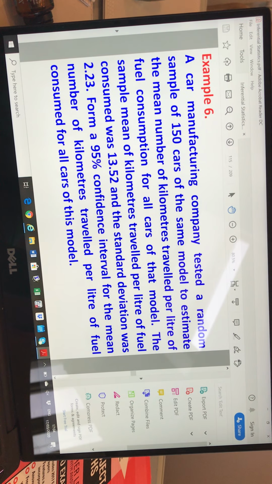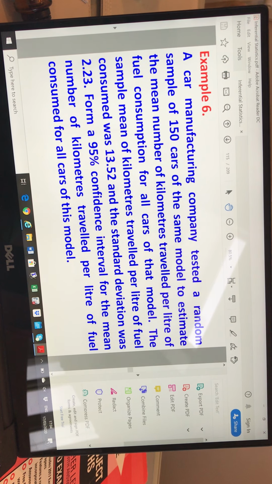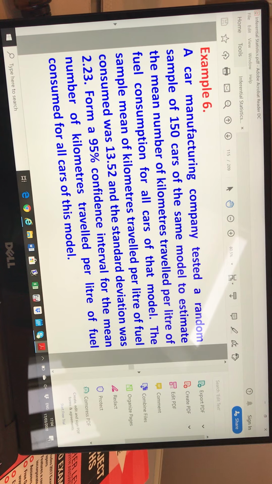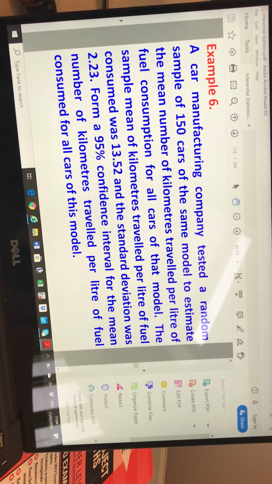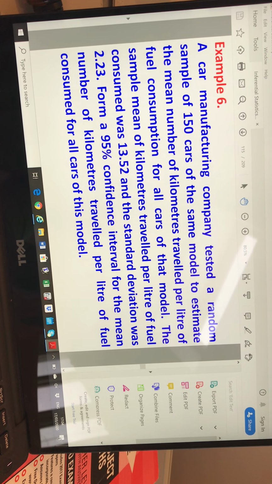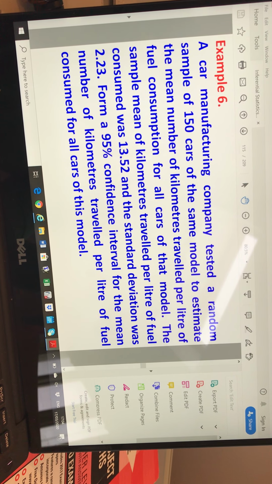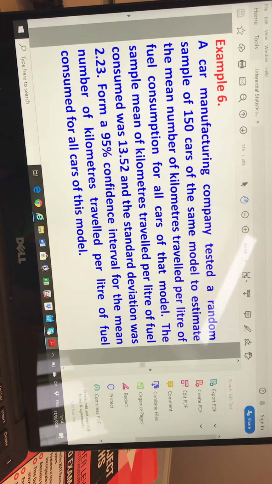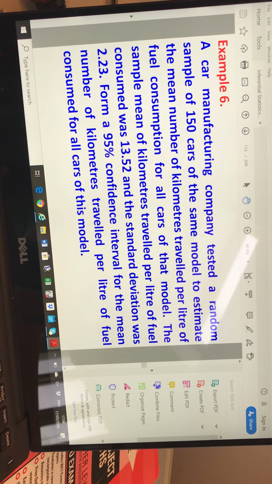Again, pause the video and read it. So I'm going to continue on now. I've obviously read this question. It says form a 95% confidence interval for the mean number of kilometres travelled.